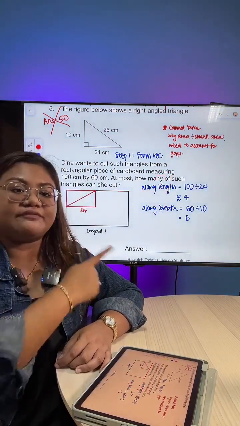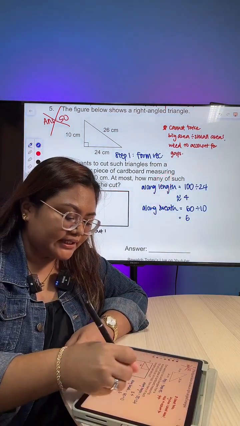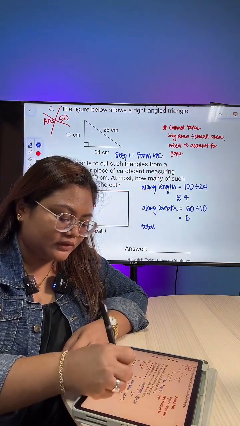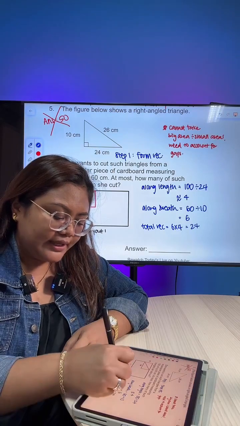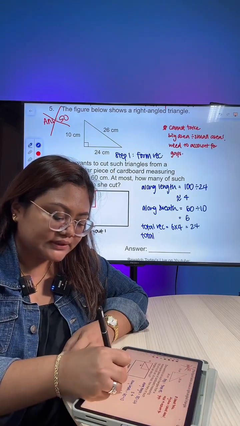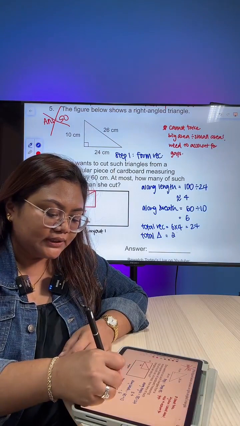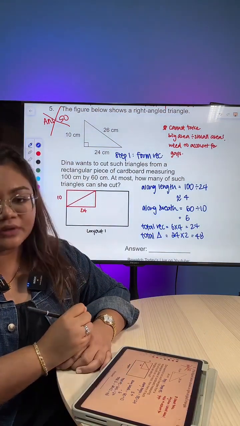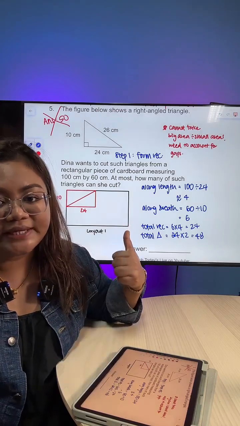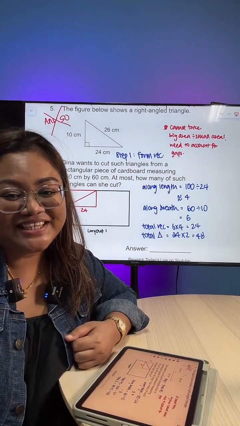This is the first layout. That gives me a total of rectangles, 6 times 4, which is 24. Hence, total triangles: I form triangles, remember? So 24 times 2 to give me 48. Got it?